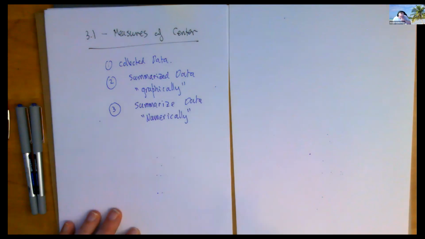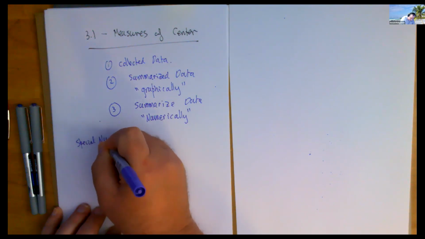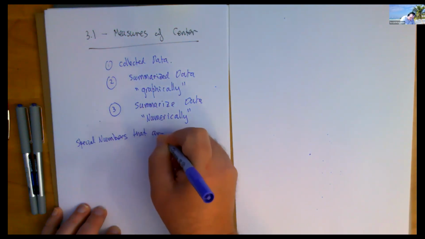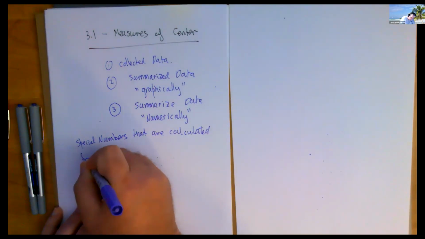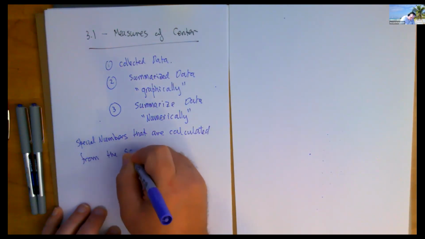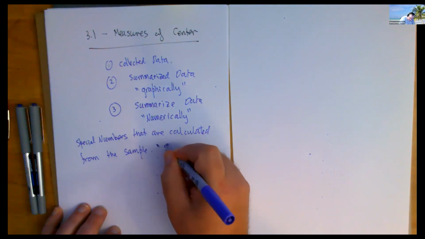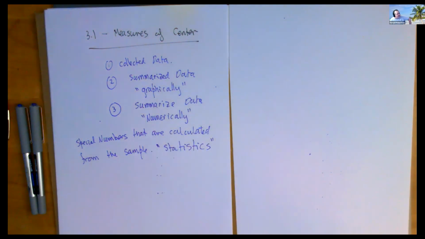Now we're going to summarize the data numerically. What that means is that we're going to have a set of data and we're going to supply you with special numbers that are calculated from the data, from the sample. And these special numbers are called statistics.